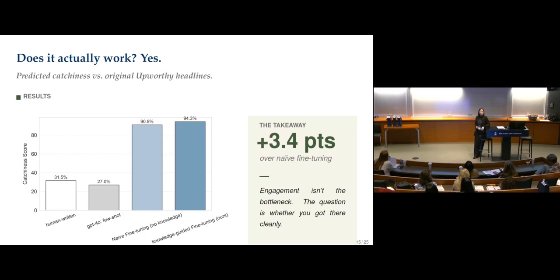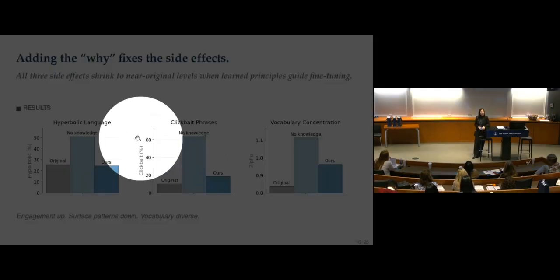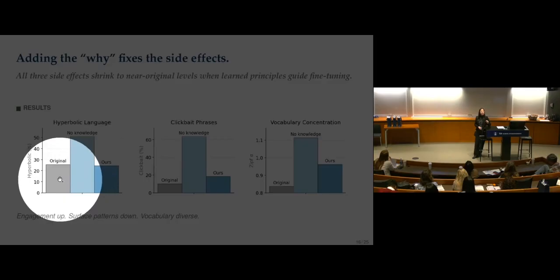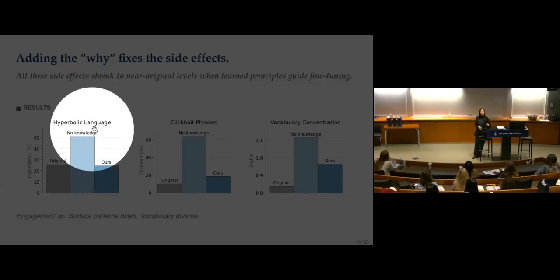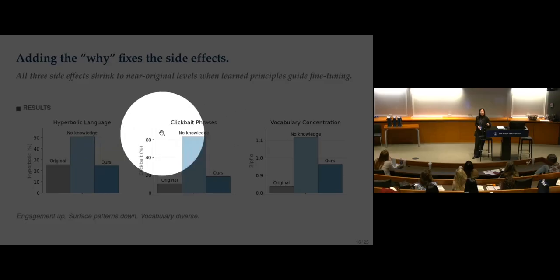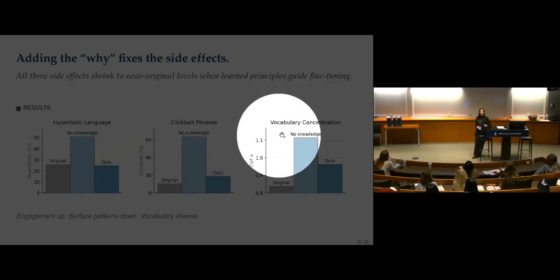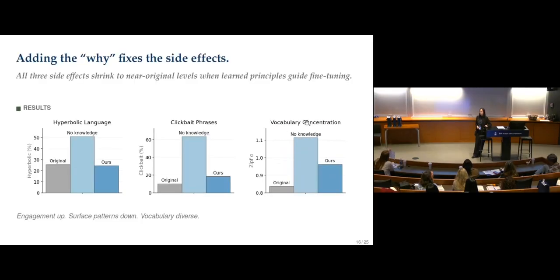Now let's see whether it mitigates the unintended behavior of using clickbait or hyperbolic language. The light blue is SODA, and the gray is the original human-written headlines. This is the percentage of hyperbolic language in the headlines, this is the percentage of clickbait phrases, and this is vocabulary concentration. For all of them, the lower, the better.